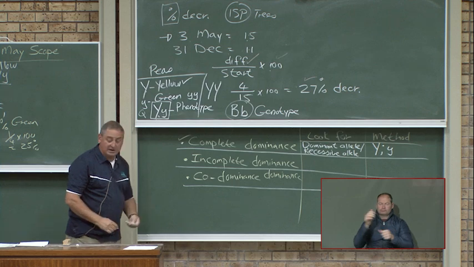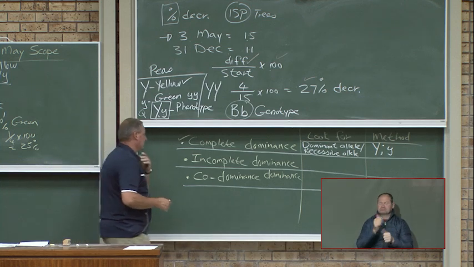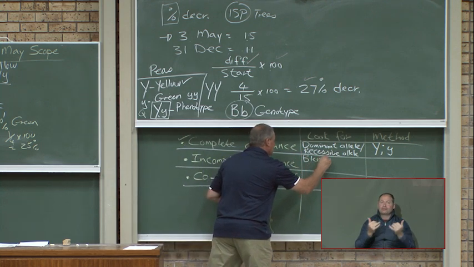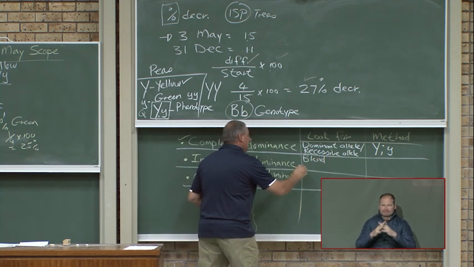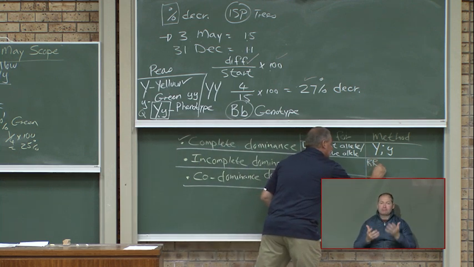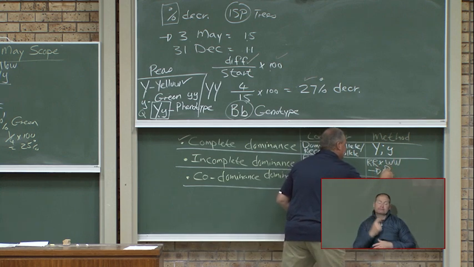But how will you know that you are dealing with incomplete dominance? You will simply look for a blend. An example of that is where, let's say, red roses are crossed with white roses, and you get something in between.